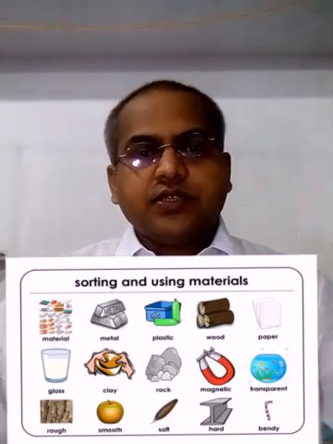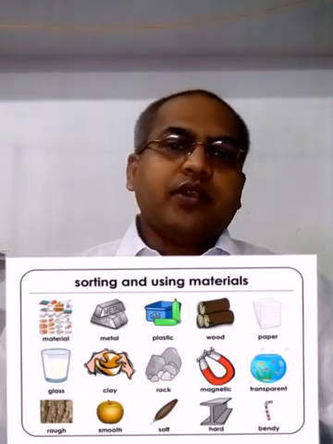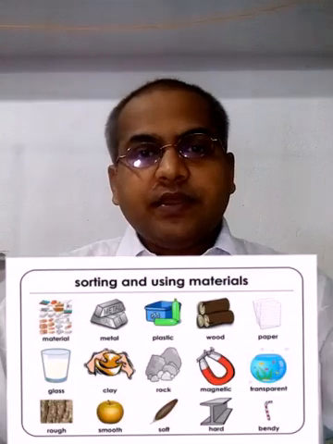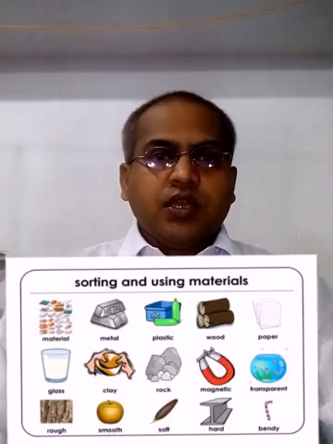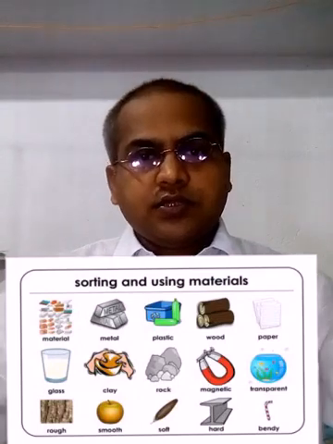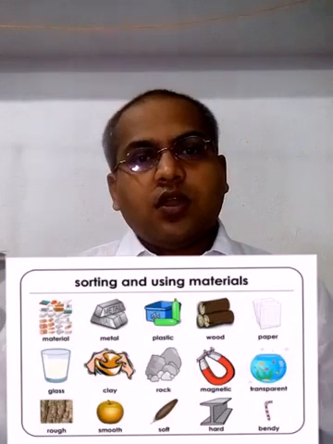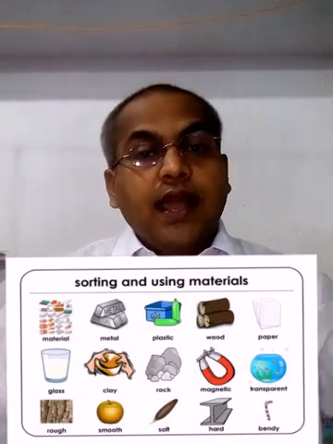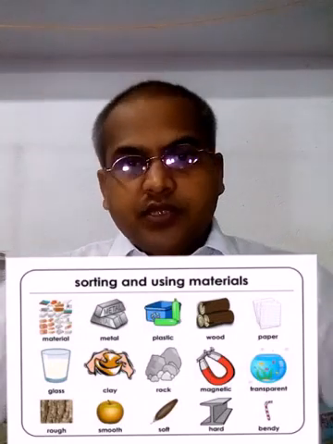Some materials we can scratch or cut easily, but there are some materials which we cannot cut easily. So there are differences of hardness and softness, and also differences among appearances.